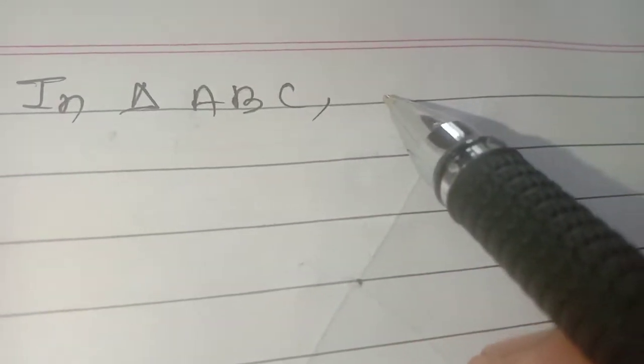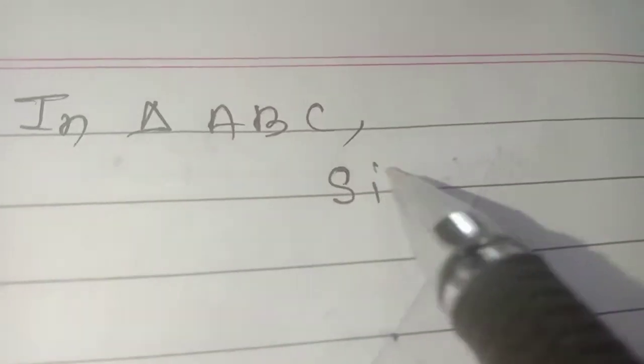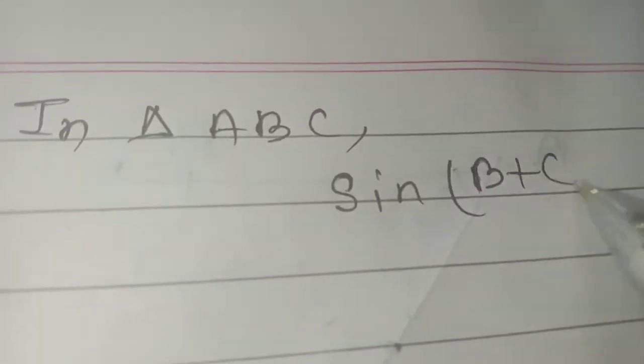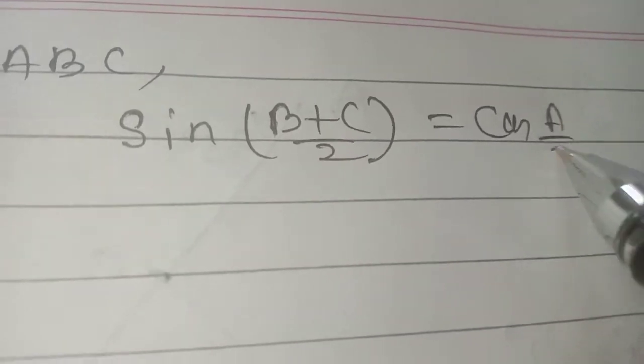What we are given here, that question number 6, in triangle ABC, we have to prove that sin (B plus C) upon 2 is equal to cos A upon 2.